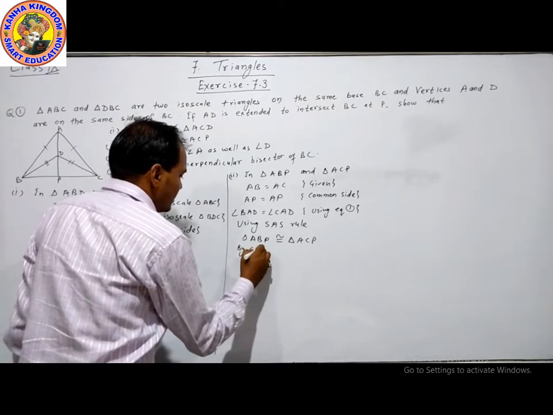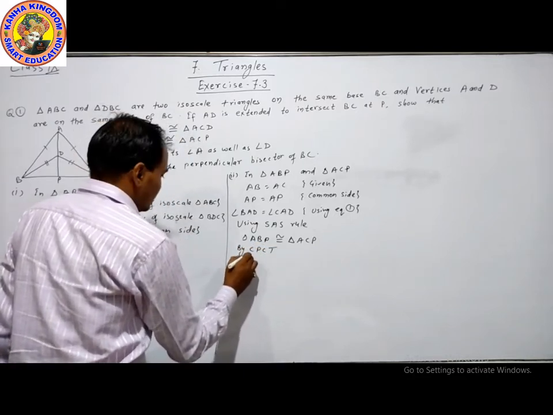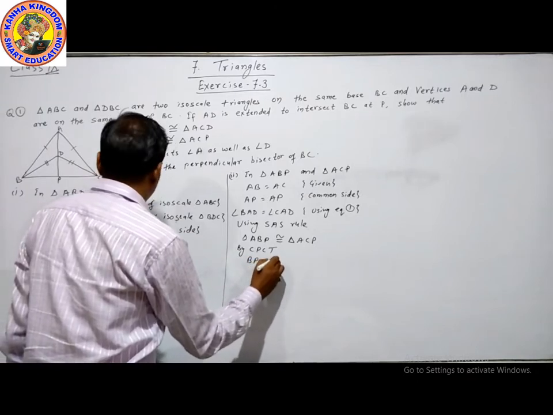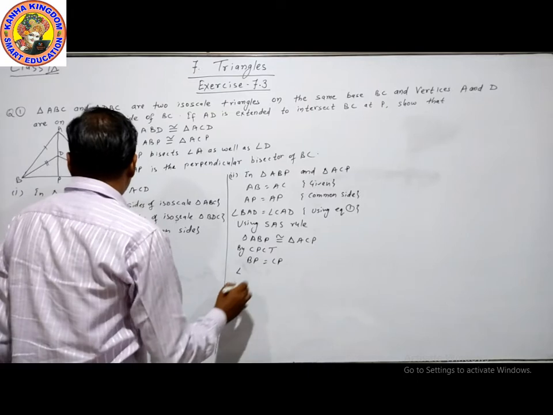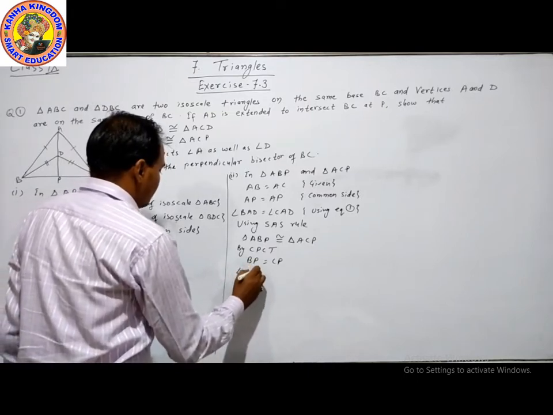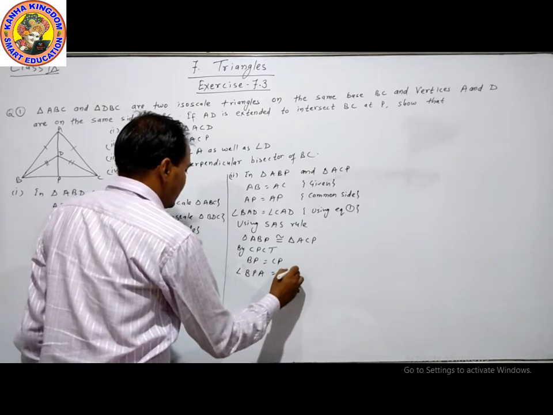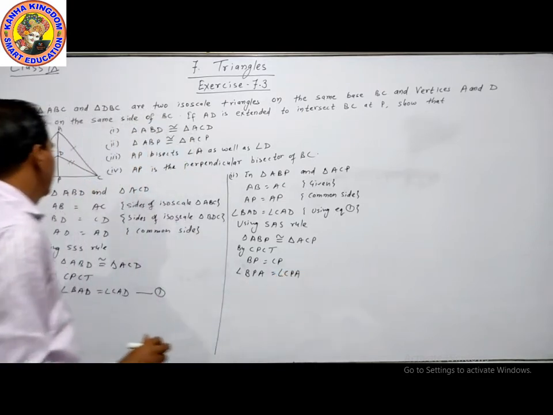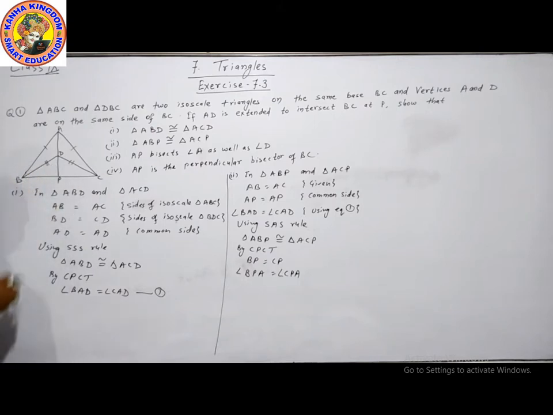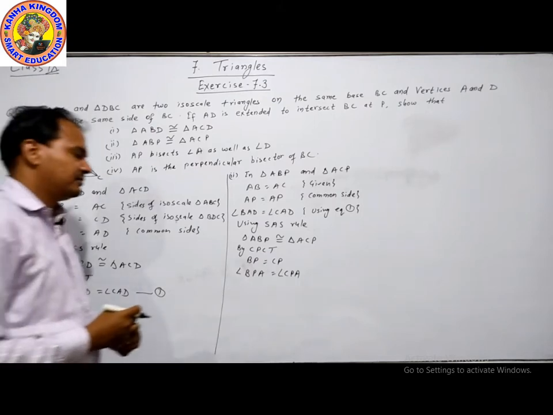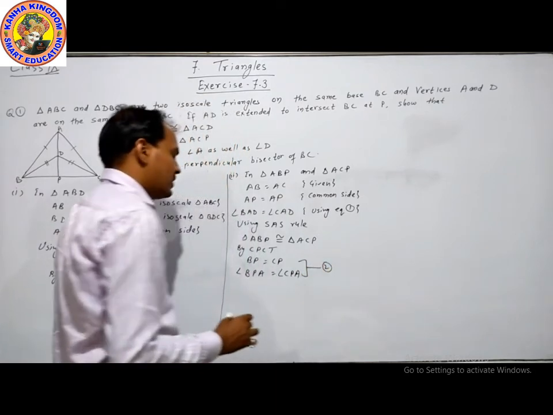By CPCT, BP and CP is equal. Angle BPA is equal to angle CPA. This is our equation number 2.